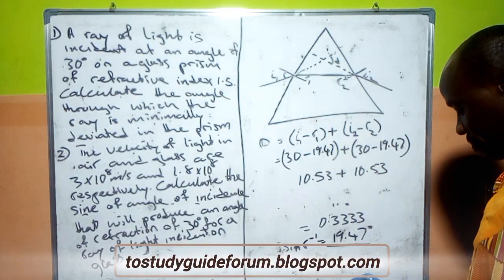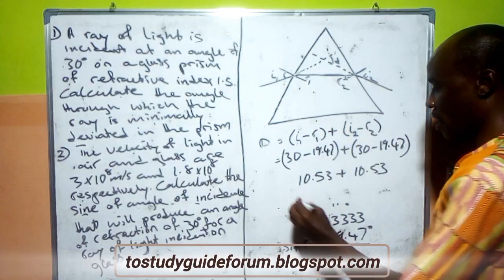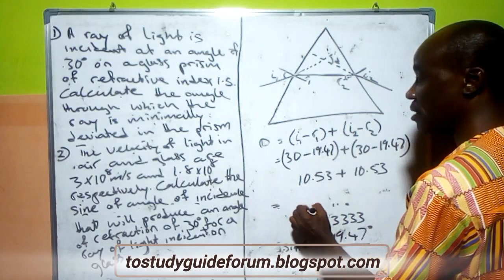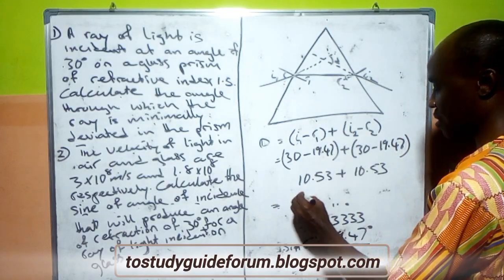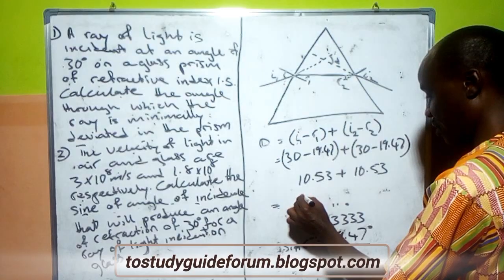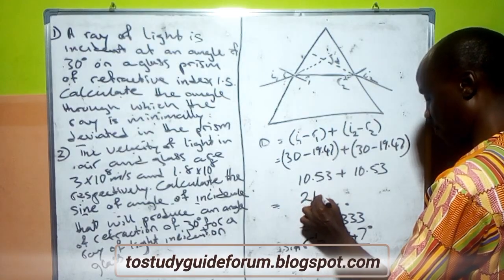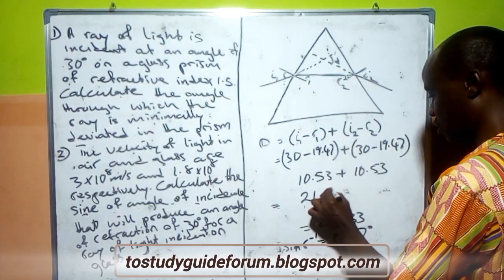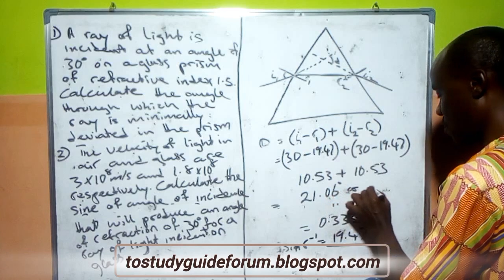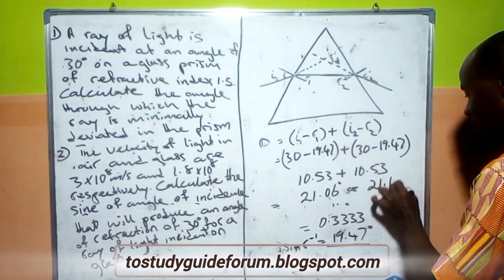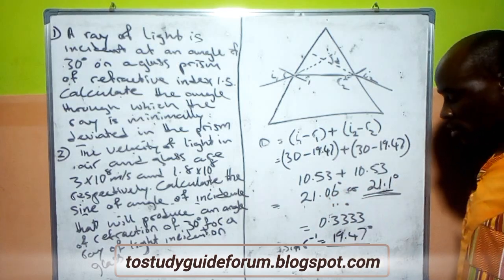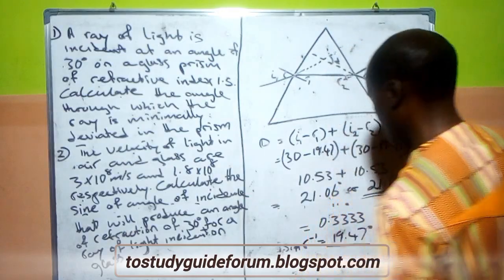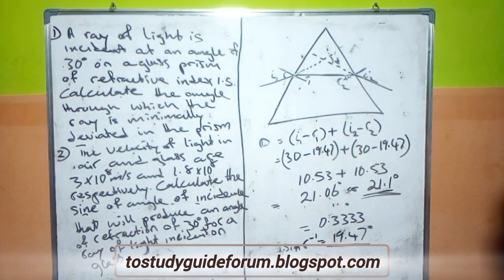Adding up together, the minimal deviation will be 21.06 degrees, or approximately 21.1 degrees. So this is the answer to the first question.